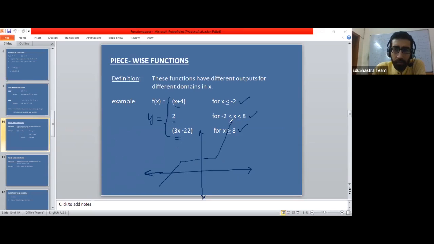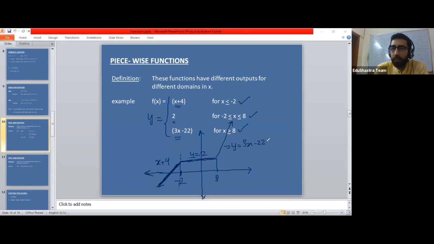This is x equal to -2. This is x equal to 8, let's say. So here the function is y is equal to x plus 4. Here the function is y is equal to 2. And here the function is y is equal to 3x minus 22.